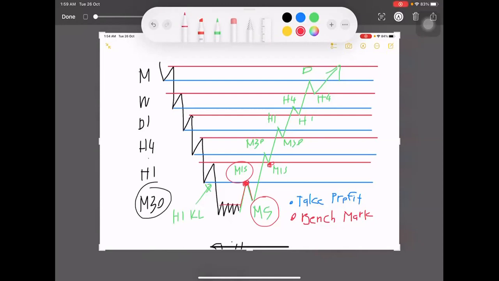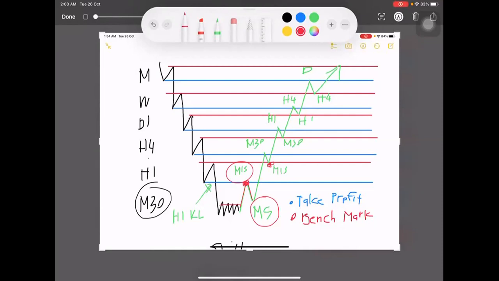From an M30 key level, we have a breakout and the price rejects at an H1 level. On the H1 level, we look for setups on M15, and the stopper for the M15 setup is M30. So we come back to the M30 key level.